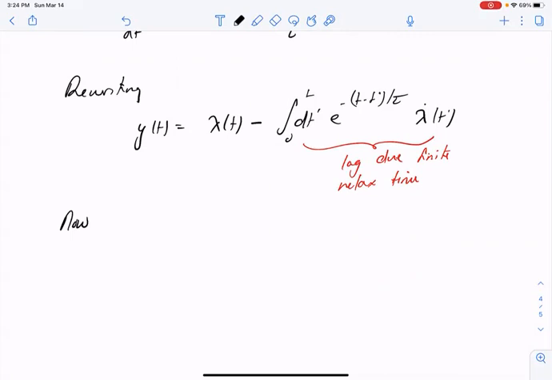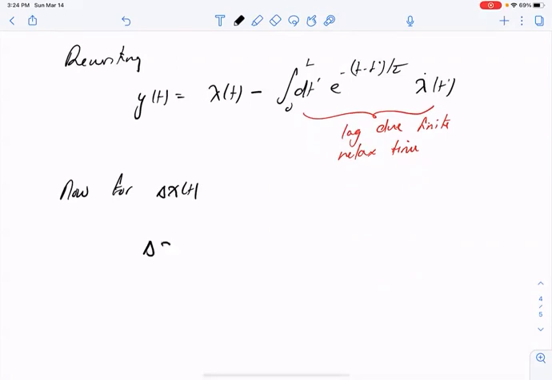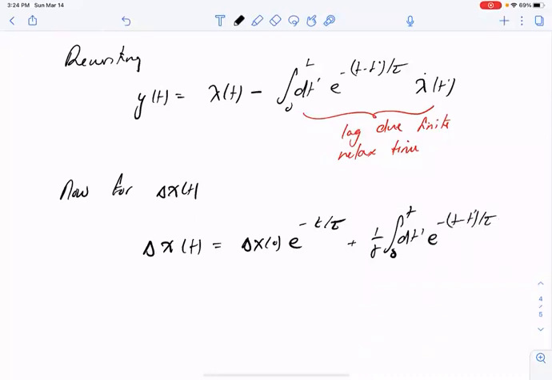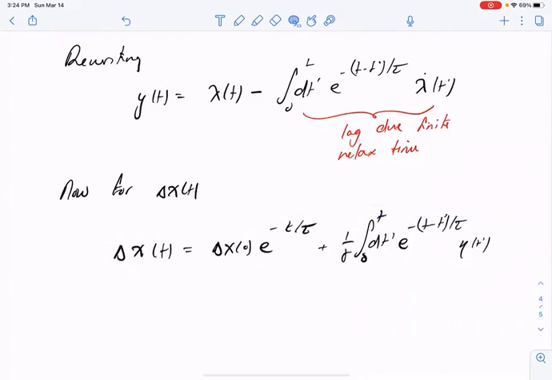Now for the fluctuations. We can integrate that equation in addition. Delta x of t, like y, will be given by an initial condition, this Green's function, now plus 1 over gamma, a time integral, a convolution of the Green's function and now the random force eta. And now this is also kind of an interesting result.